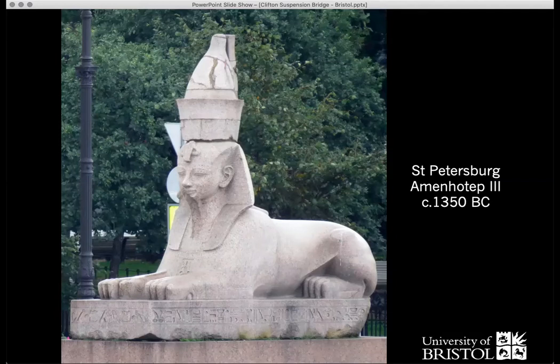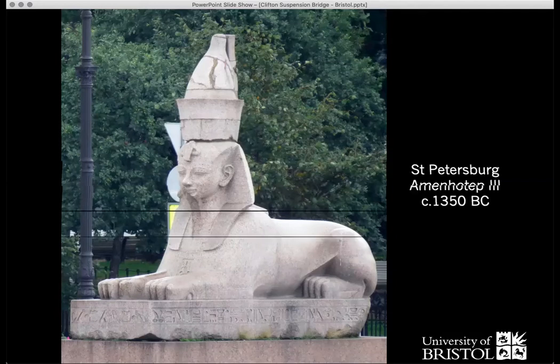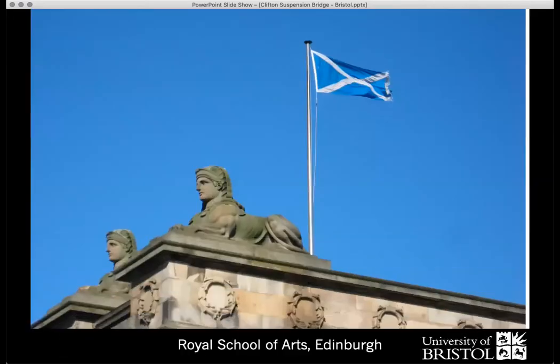And the idea of having a pair of sphinxes on top of a monument you find quite widely spread around Europe during the 19th century. And here's a nice couple of examples on the Royal School of Arts in Edinburgh. Although these are rather less accurate sphinxes, the trouble is that in classical mythology, the Sphinx is actually a female.